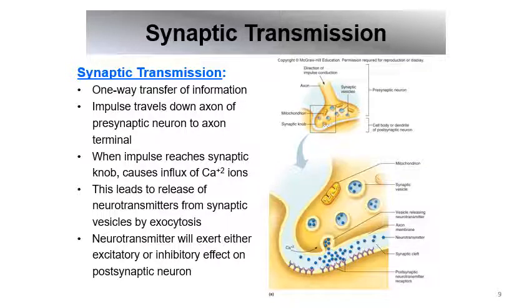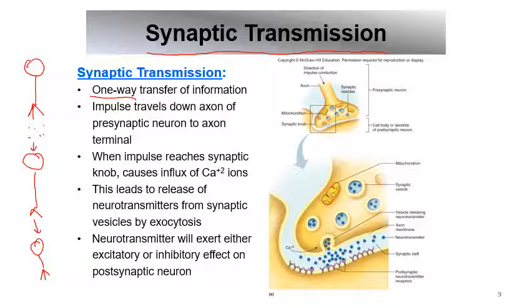Okay, so what we're going to see with the synaptic transmission, meaning how the information goes from one neuron to the next, is a one-way transfer. So meaning that the first neuron is going to release neurotransmitters, and this is going to go to the second neuron. And so this can continue down to the next, to the next, to the next. So there might be many, many neurons that are in this line.